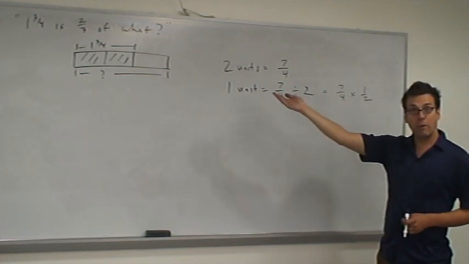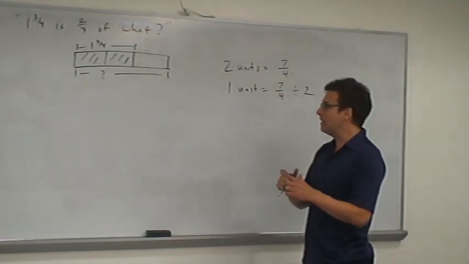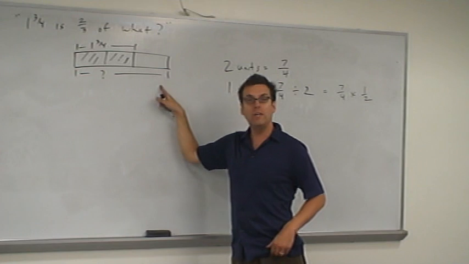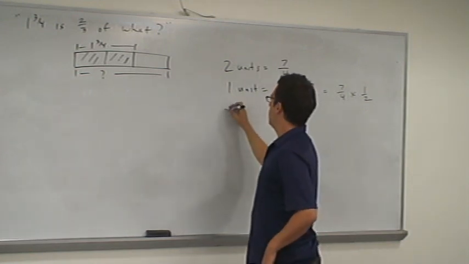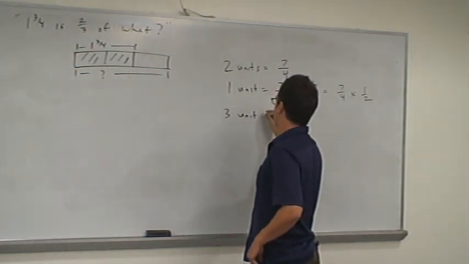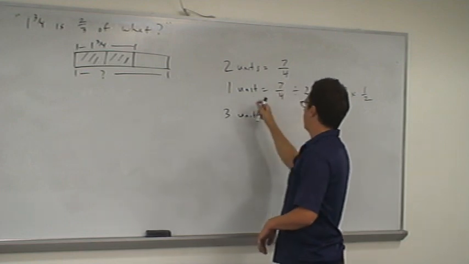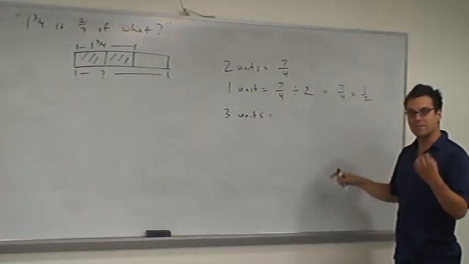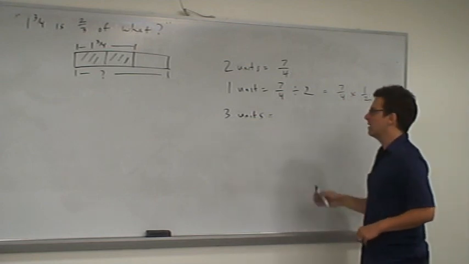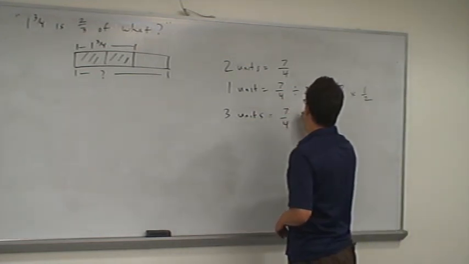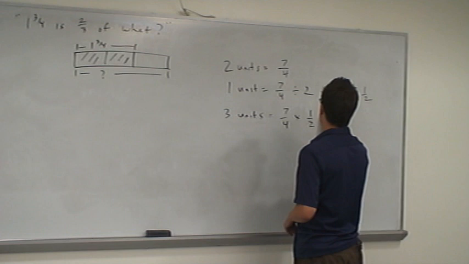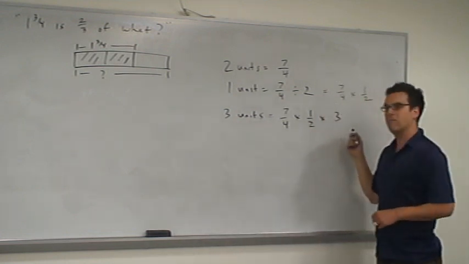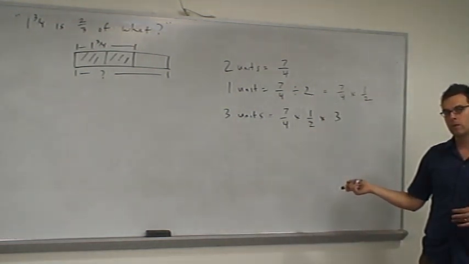Now, if we look at our bar diagram, we see that we need to know what 3 units is equal to. Well, again, we just refer back to our models of multiplication. If 1 unit is 7/4 times a half, then 3 units is that quantity multiplied by 3. So the answer to the question is 7/4 times a half times 3.